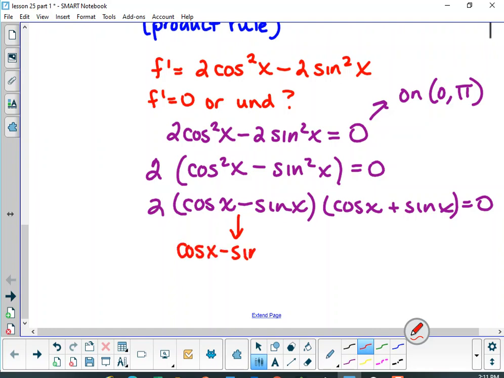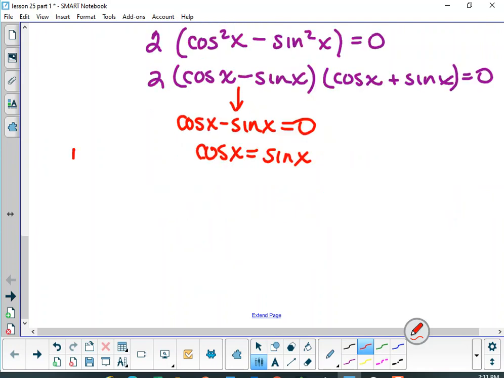Cosine minus sine equals 0 would mean the cosine and the sine are the same. And if I'm only looking at quadrants 1 and 2, that's going to happen at pi over 4.